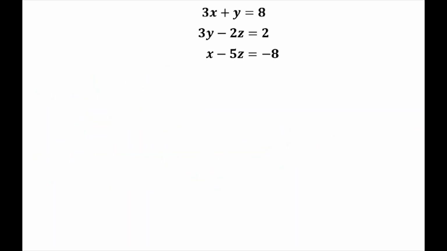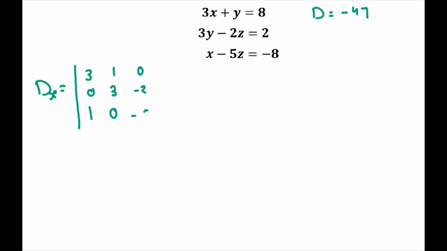So d is -47. Now let's find dx. Erasing the first column, replace it by the constant column, and copy the first two columns out. And then cross.